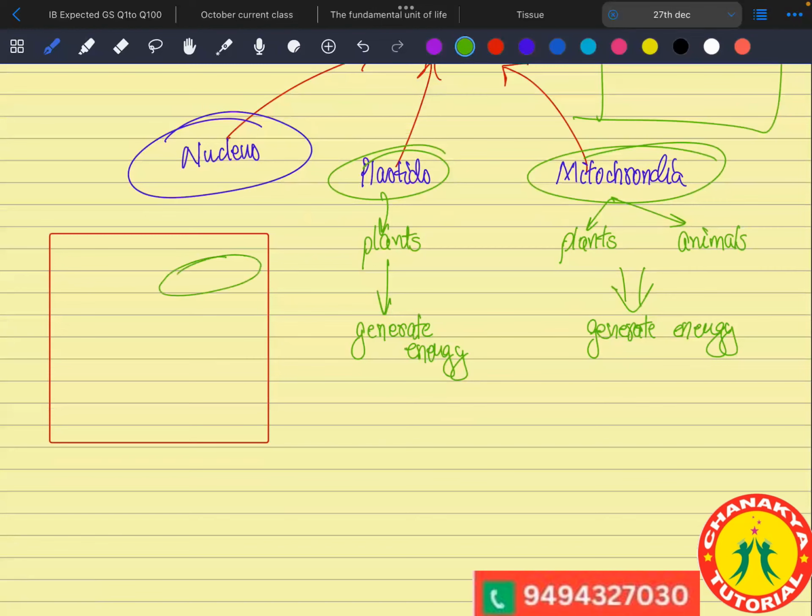This is a plastid, where they are generating energy. So they contain their own DNA so that the work inside that plastid is carried out by their own unique DNA.